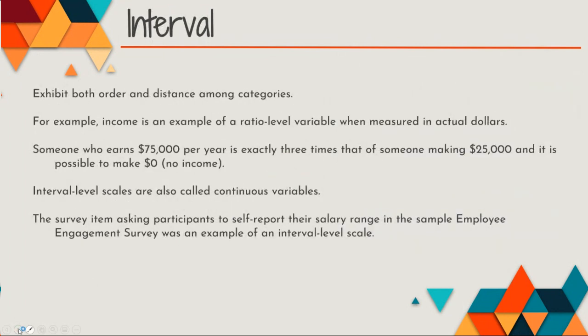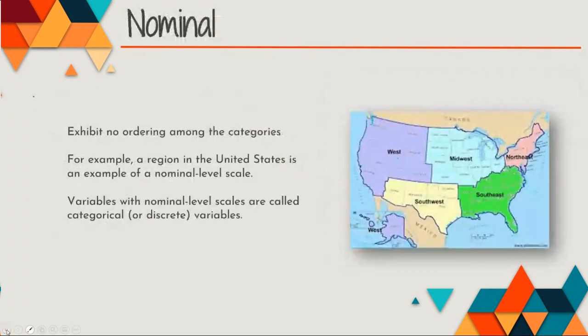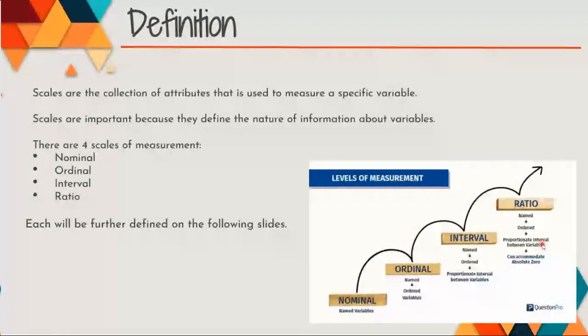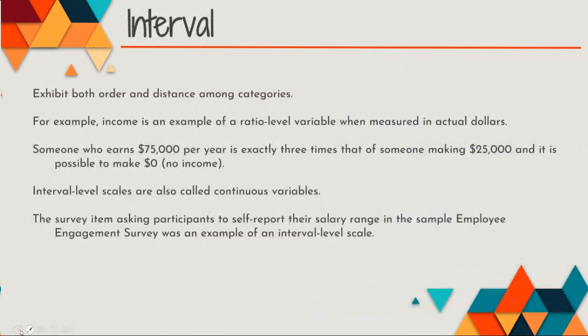The next, we have those interval variables, as you might recall from our previous slide. So I'll just scoot back here. These are those named and ordered and proportional intervals between variables. So I love using the household income or your salary as an example, knowing that there is both order and distance between those categories.